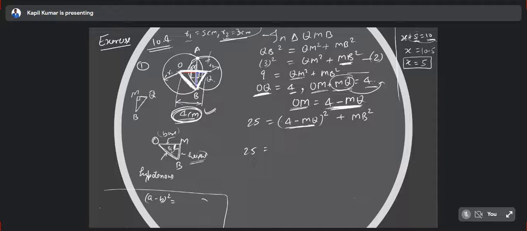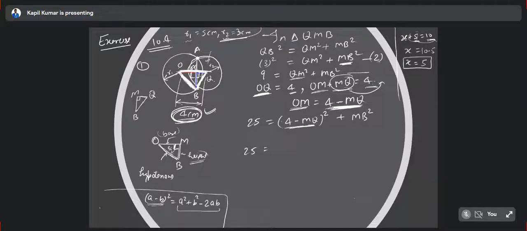Okay, so it is a polynomial identity, so it will become A square plus B square minus 2AB. So for this expression, we can expand it like this.